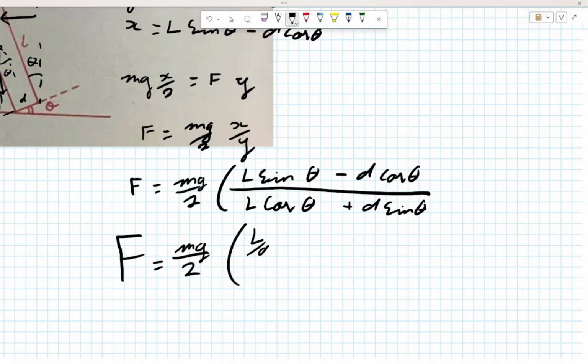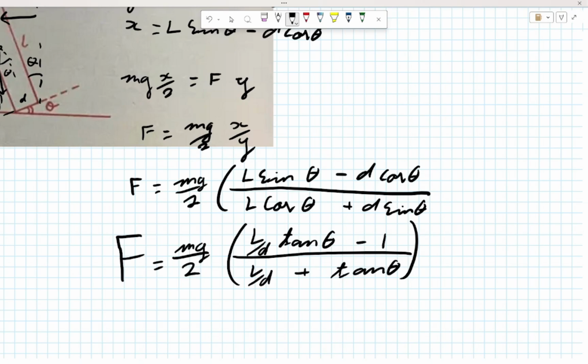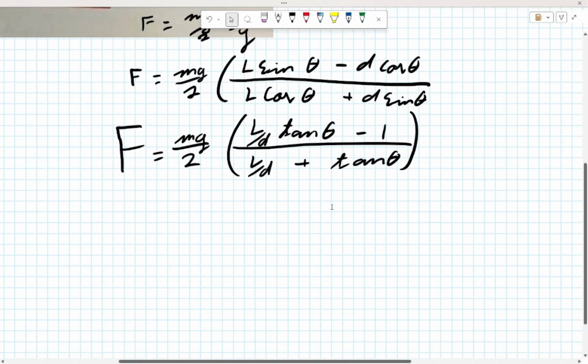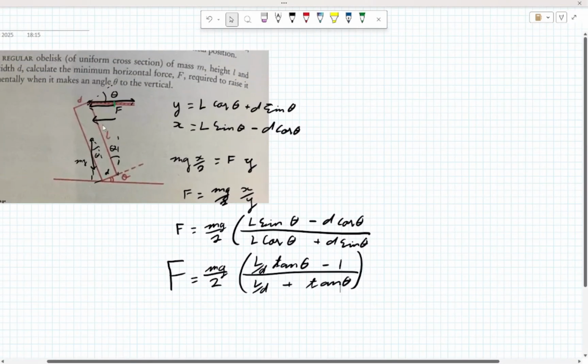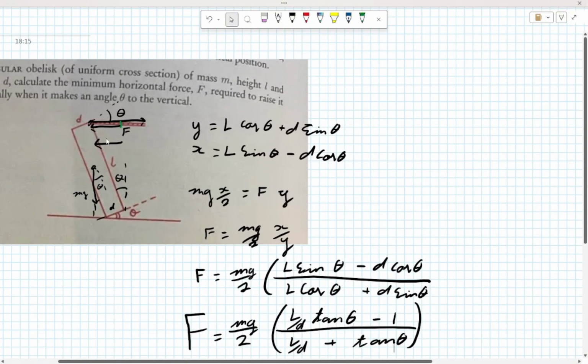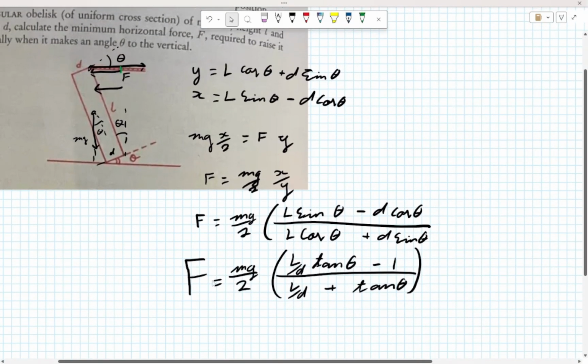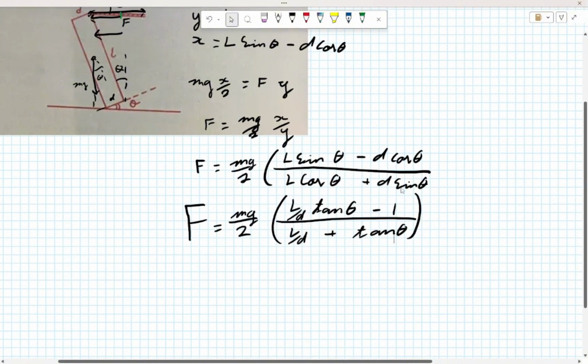We have L over d tan theta minus 1, over L over d plus tan theta. And this is our final. This is the value of F we would need to maintain this in equilibrium without any other external forces. If we increase the force by a slight bit, we'll have a pulling force.